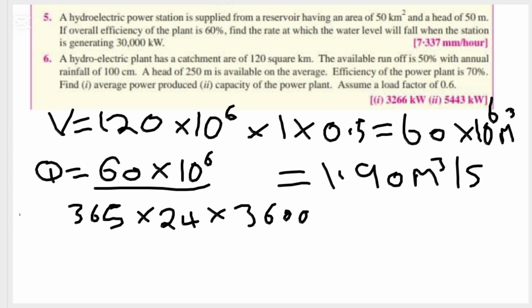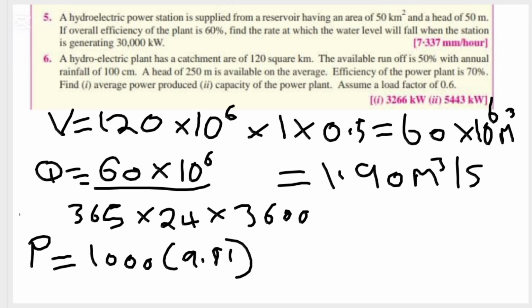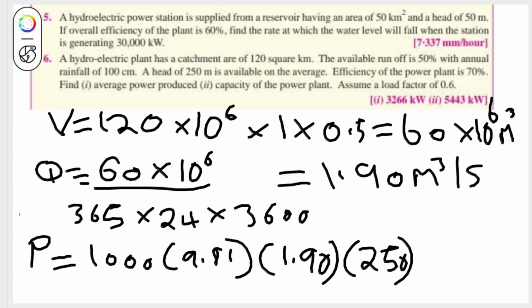So the next thing is the average power. What will be my average power? As you all know the formula of the average power, I'll say rho multiplied by g, multiplied by Q, which is 1.90, and also multiplied by our height. So you have to take note of that formula: rho g Q H and efficiency.